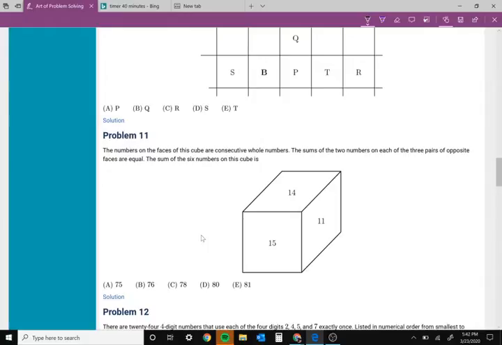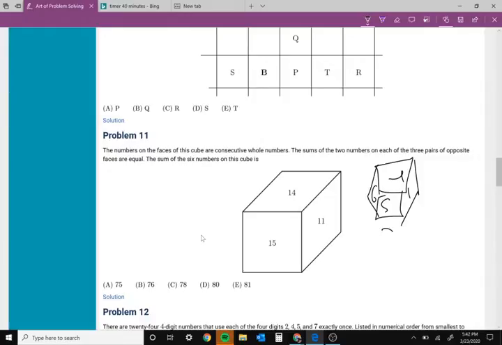What if, instead of 14, 15, and 11, we just subtract 10 from all of them, and then we'll just add 6 times 10 later on, right? So then we have a 4 on this side, a 5, and a 1, right? And this side is going to be 6, because then we just turn it into a standard die.